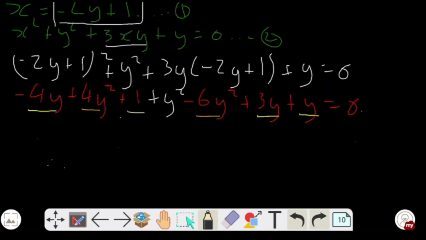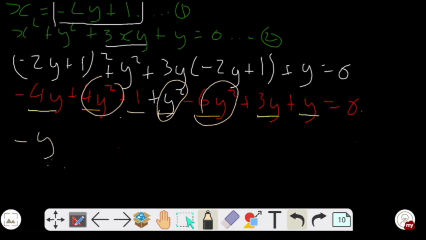We have minus 4y and we have plus 3y plus y, and then we have 4y squared, and then we have y squared, and then we have minus 6y squared, meaning here we are going to have 0, and then here we are going to have minus y squared, and don't forget our 1, meaning we are left with 1, right?